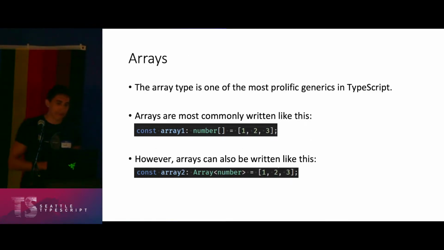Out of the box, you get the array type in TypeScript, and it's probably the most prolific generic type. It has a special syntax, which is the first syntax you see with the brackets, but it can be represented with this chevron syntax, the second one.